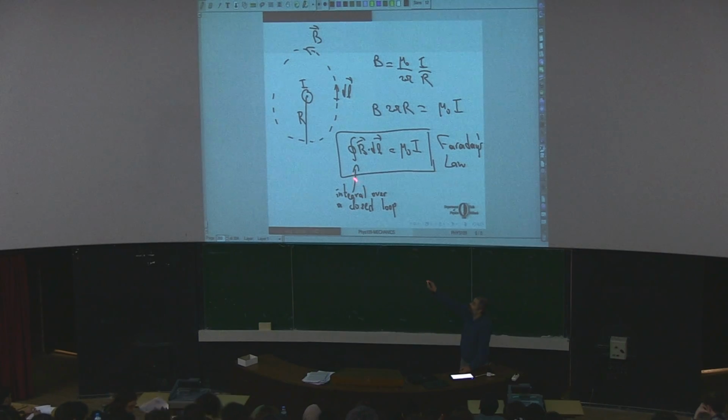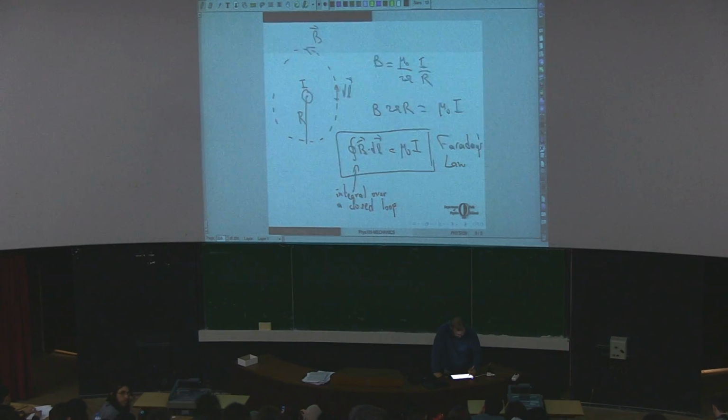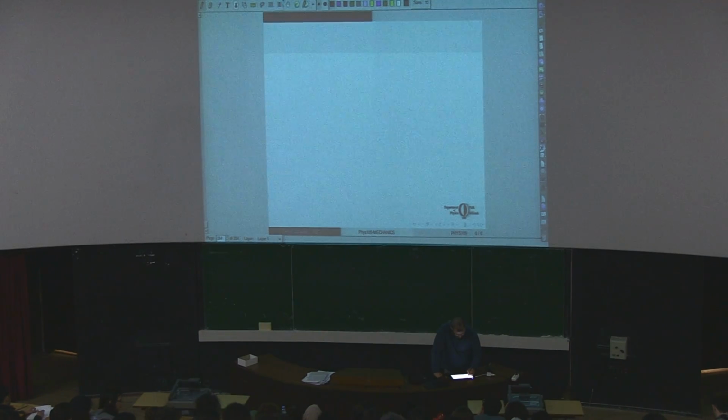Now, this is just a plausibility argument. It says that at least for circles, this integral is independent of the size of the circle, but we can even prove that this integral is independent of the shape of the loop. So we have this current I. Let's just imagine an arbitrary shape going around it.